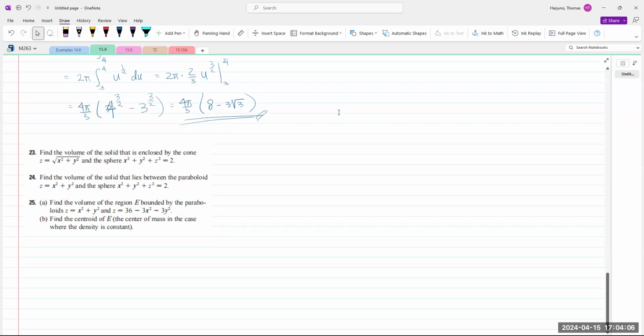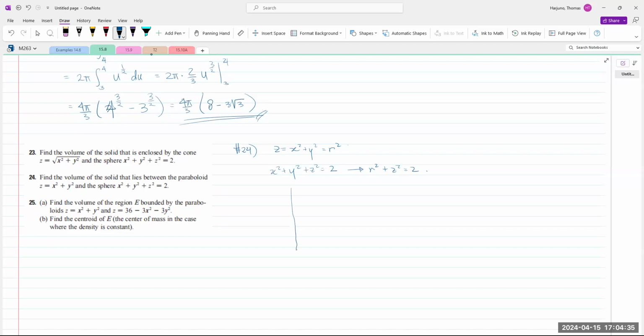The volume of the solid that lies between the paraboloid z equals x squared plus y squared, which is r squared, and inside the sphere x squared plus y squared plus z squared equals 2, which is the same as r squared plus z squared equals 2.